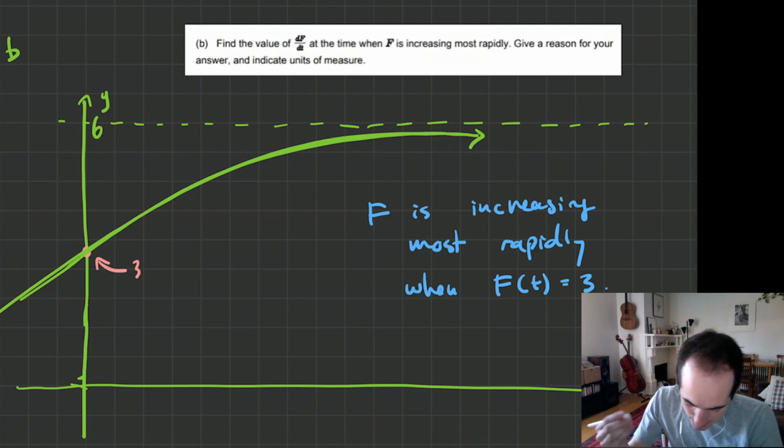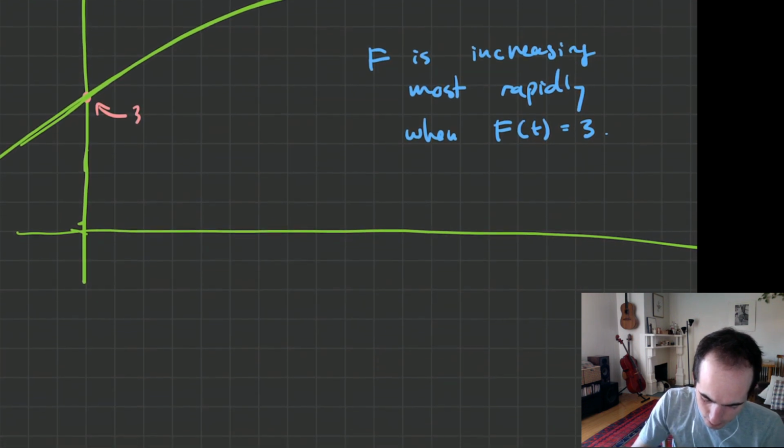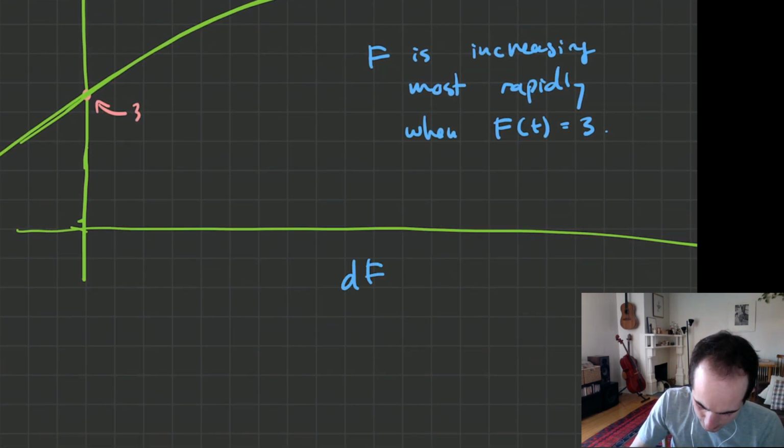Okay, so that's half the maximum value of f. So really all we have to do is figure, okay, well, what's df by dt when f is equal to 3?